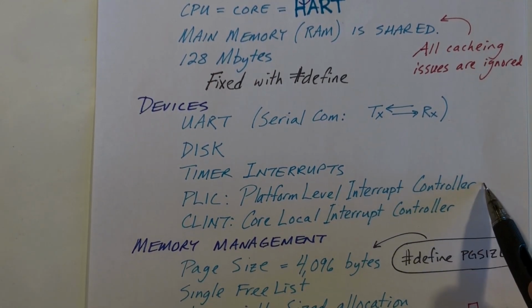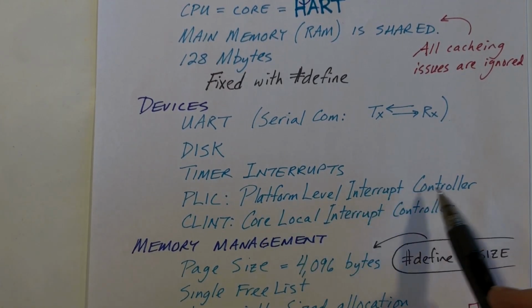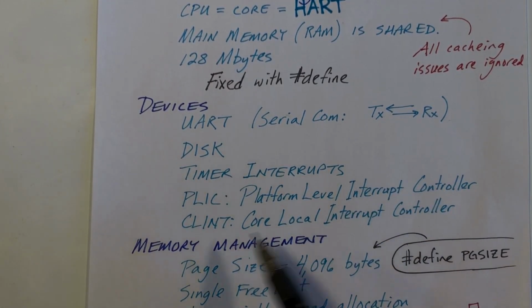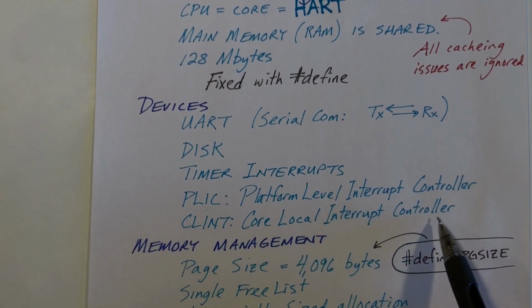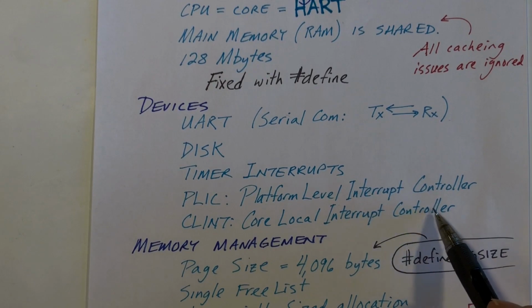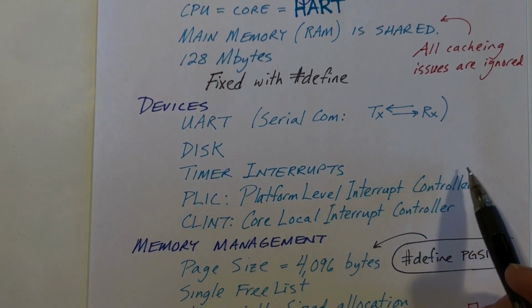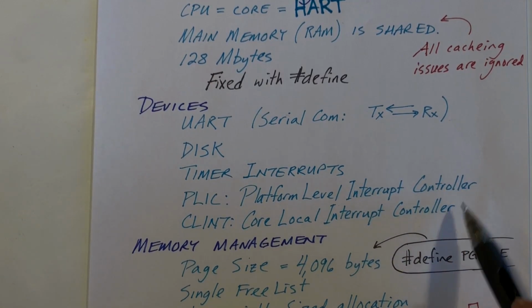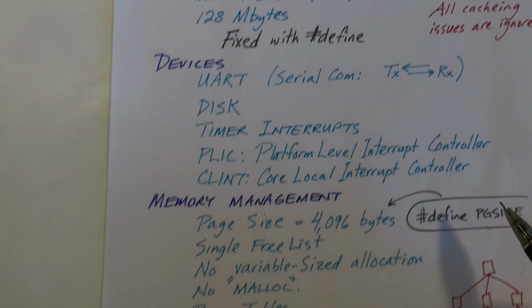The emulator will emulate the platform level interrupt controller, and there's also a core local interrupt controller, which is also part of the emulation. And there is one of these core local interrupt controllers for each core. So the operating system has to deal with these things as well.